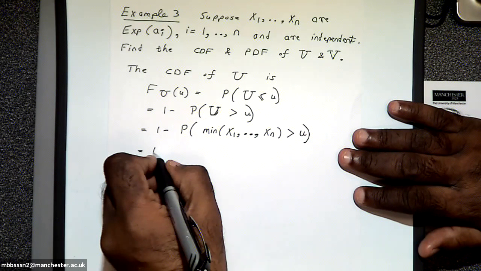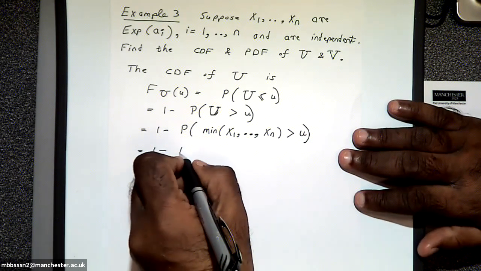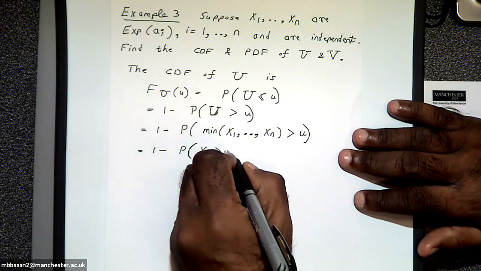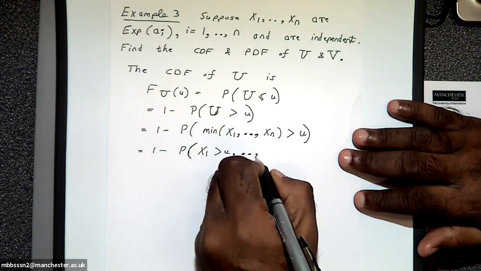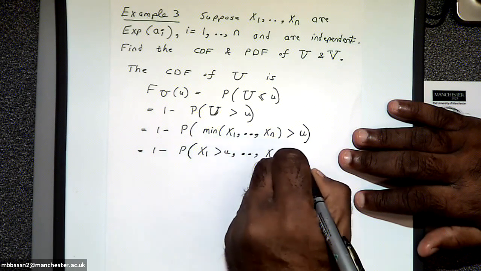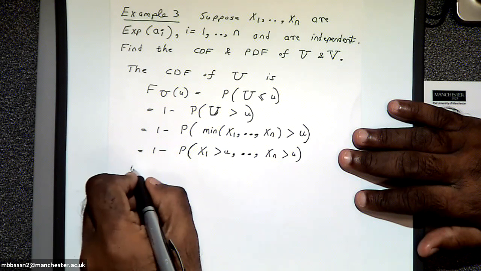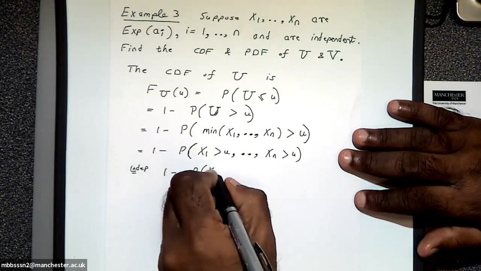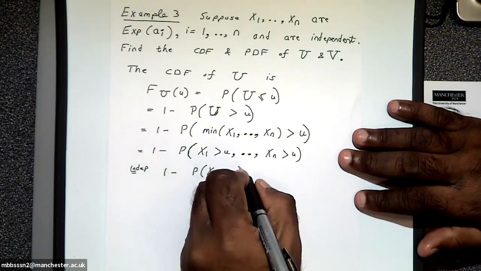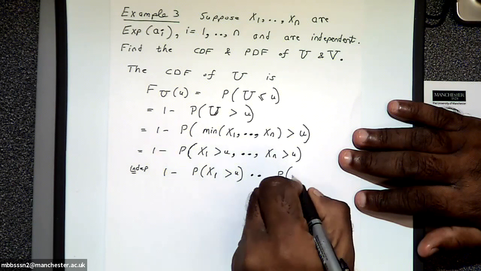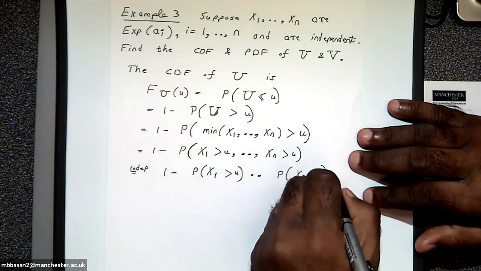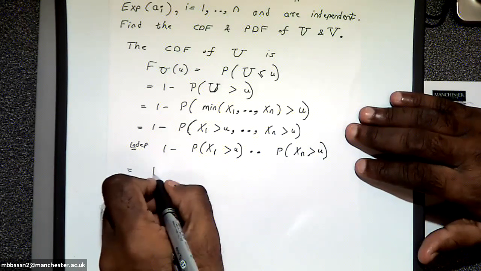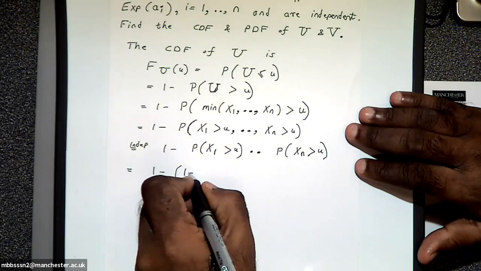So this is same as what I've done before, you may recall. Now in the next step, I'm going to use independence. You can write this as like this, and in the next step, I'm going to write this guy as 1 minus.